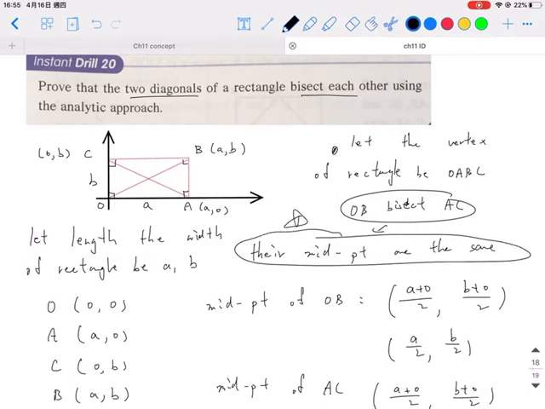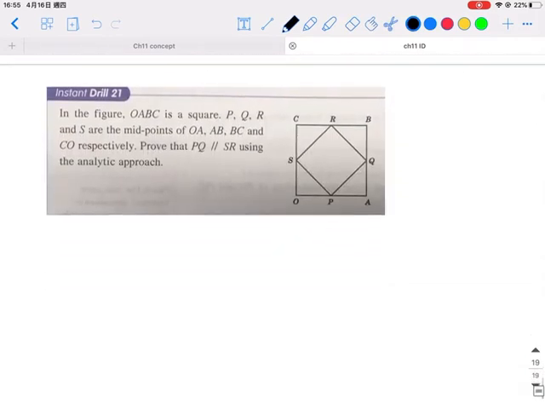Okay, and then for instance drill 21, OABC is a square again, so these four sides are equal, and PQRS are the midpoints of the four sides of the square. So prove that PQ and SR are parallel. That means we need to find the slope of PQ and check whether it equals the slope of SR, right?